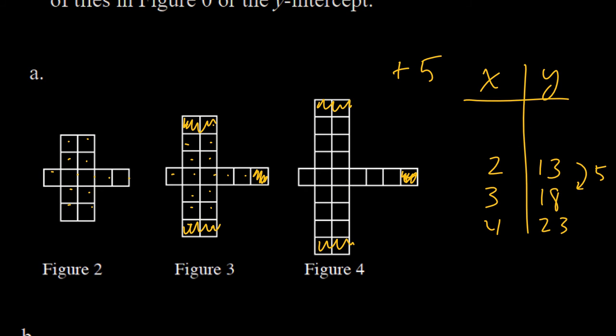If I want to go backwards, right, when X increases by 1, Y increased by 5, I can figure out figure 1, and I can also find out figure 0. So if I subtract 5 from 13, I should get the number 8. So, I can imagine what that one would look like. And then if I subtract 5 again, I get the 0th term, and 8 minus 5 more would be just 3.